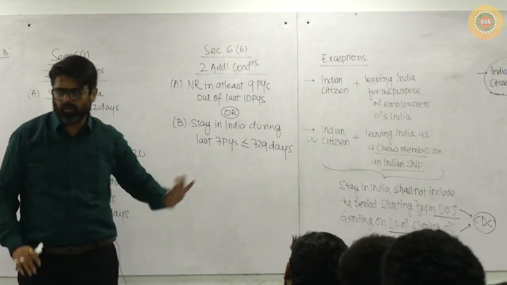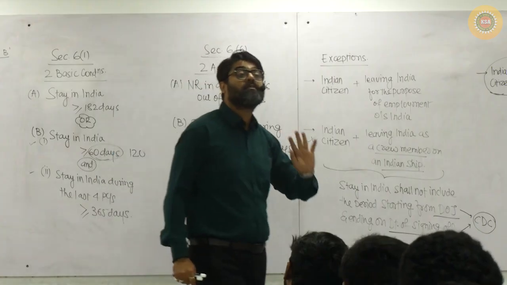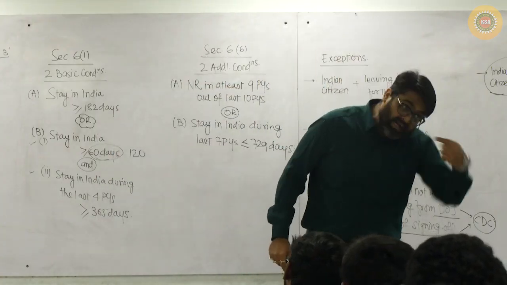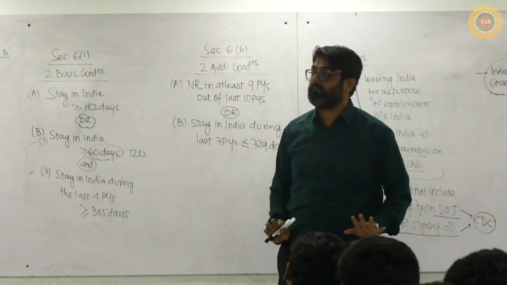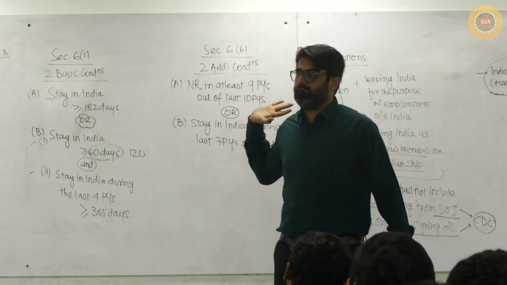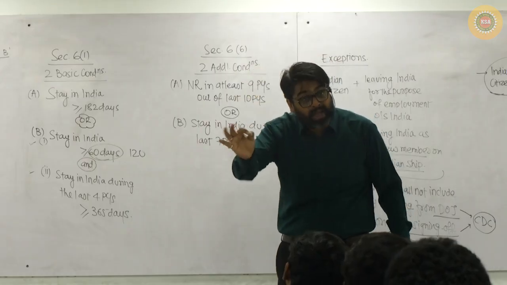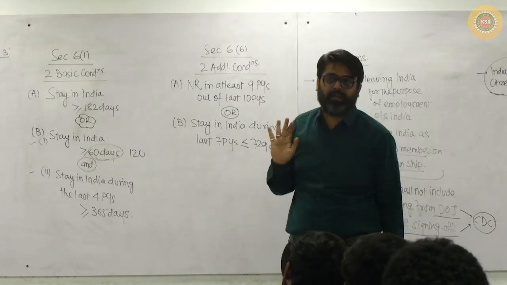But don't worry. You were not a non-resident in 9 previous years, no problem. Check the last 7 years. In the last 7 years, your total stay in India should not be more than 729 days. It should be 729 or less than that. Yes or no?